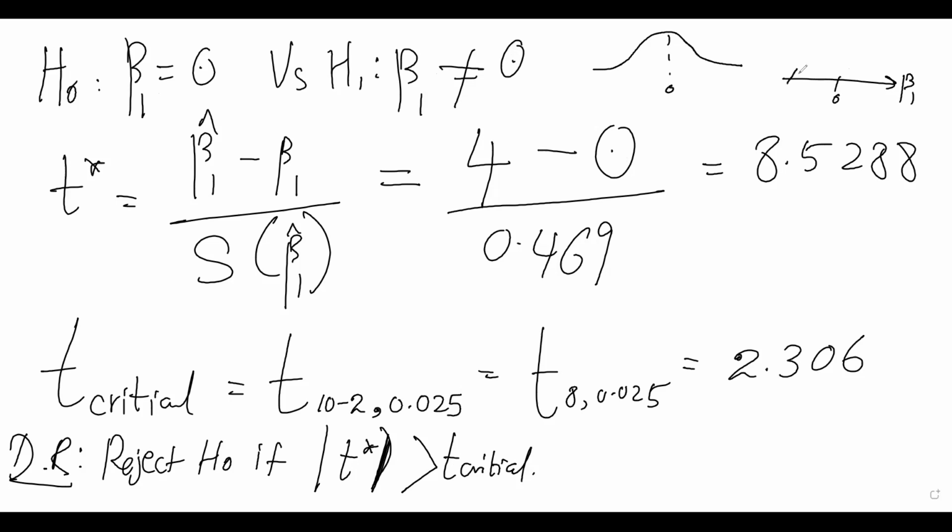So beta 1 can take any value, even below 0, even above 0. If H1 is correct, or in other words, if this is happening, H0 is rejected. What is H0? Beta 1 is this value. H1 is, beta 1 is any value different from this. So we reject H0 if this particular thing happens.